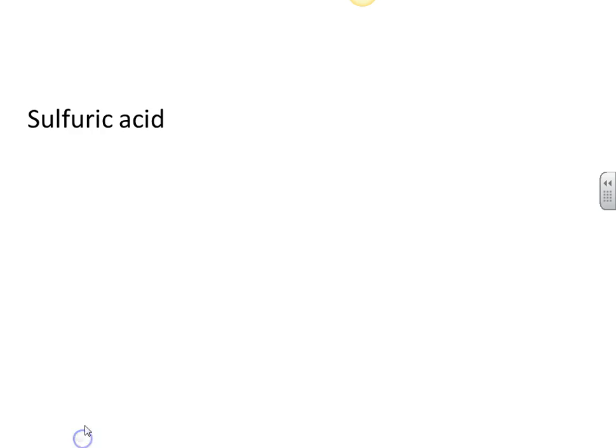Let's try another of those. That's sulfuric acid, H2SO4. The sulfur is our nonmetal that's going to produce the oxide. So that's going to produce SO and water. But with our SO, we don't know the subscripts, so we need to find them.